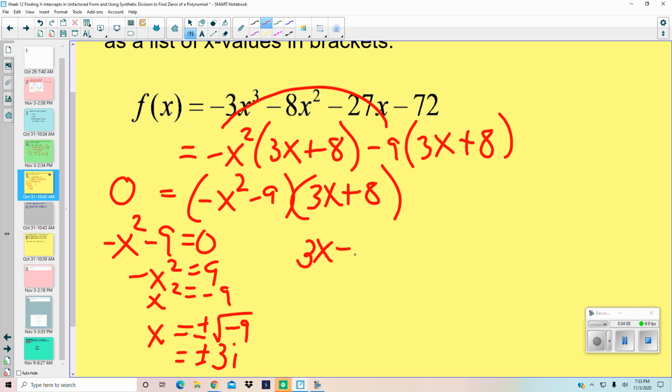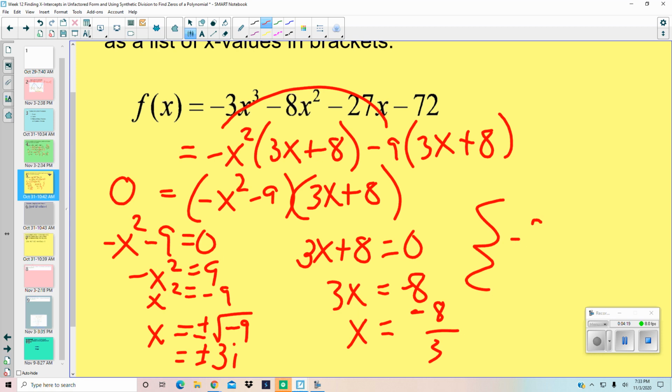My other factor, when I set that equal to 0, I'm going to get -8/3. So my answers, -8/3 is the real solution, and then the imaginary numbers are plus or minus 3i. Root of -1, remember, is i.